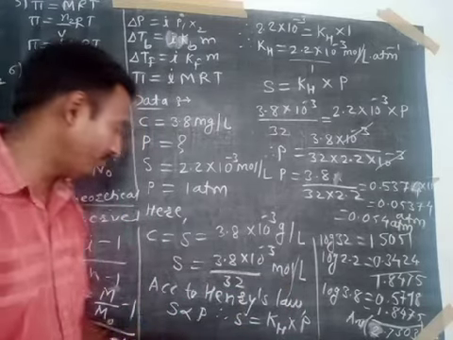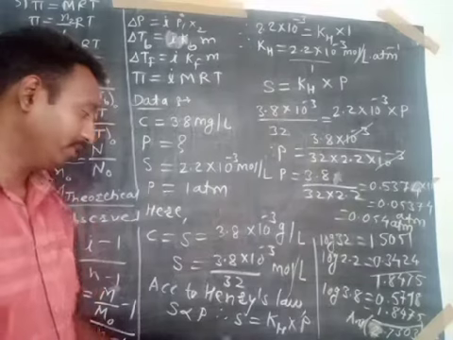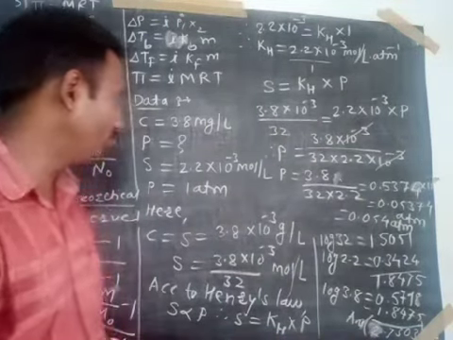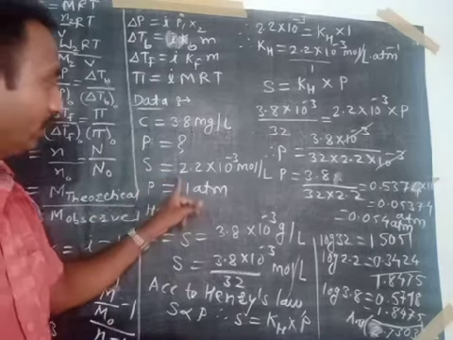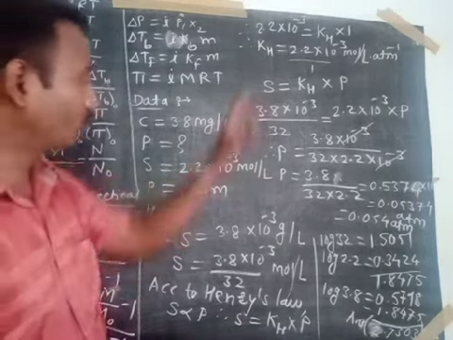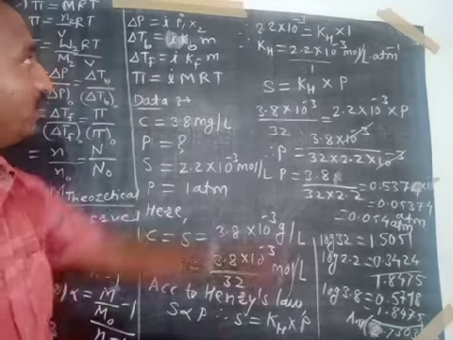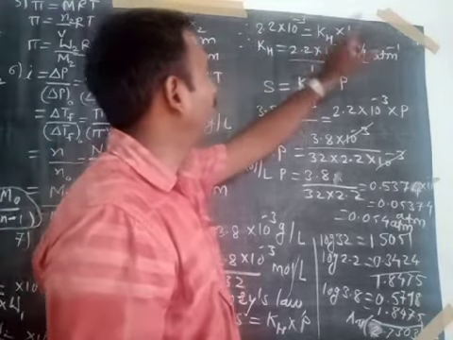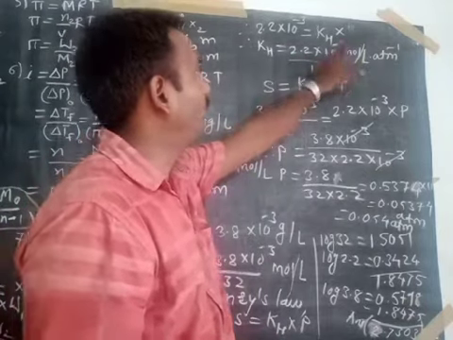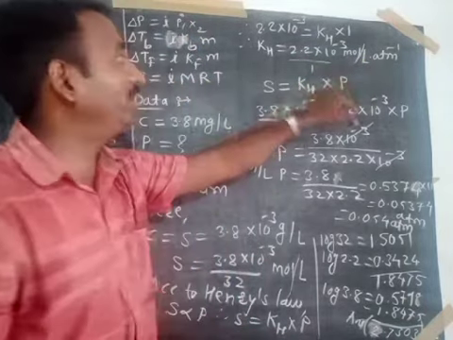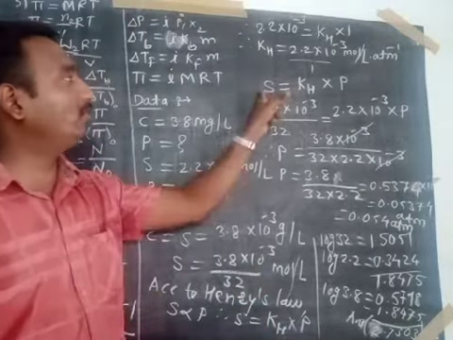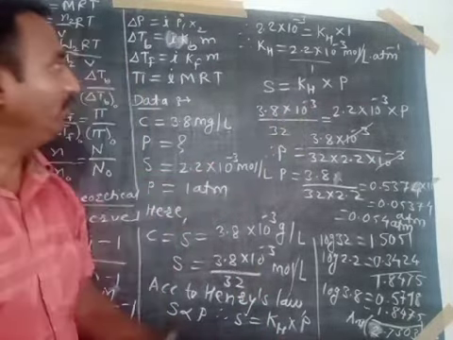According to Henry's law, S is directly proportional to P, therefore S is equal to KH into P. Put the second values which are given for S and P, so we can calculate the value of KH, that is Henry's constant: 2.2 into 10 raised to minus 3 equals KH into 1, that's why KH becomes 2.2 into 10 raised to minus 3, and the unit of KH is mole per liter per atmosphere.